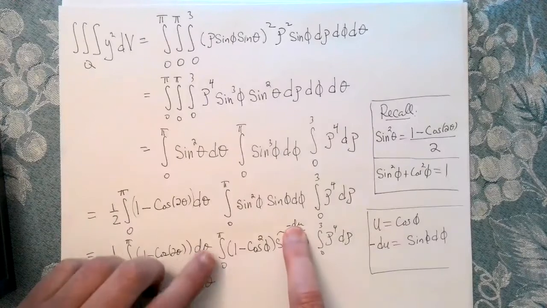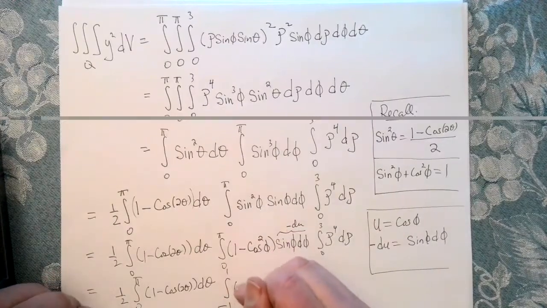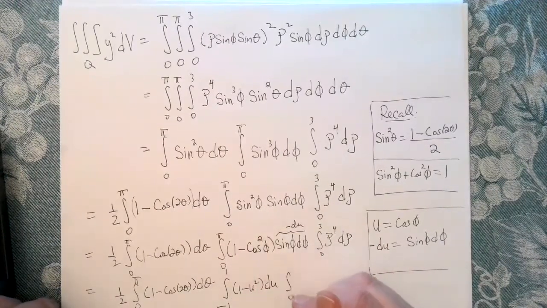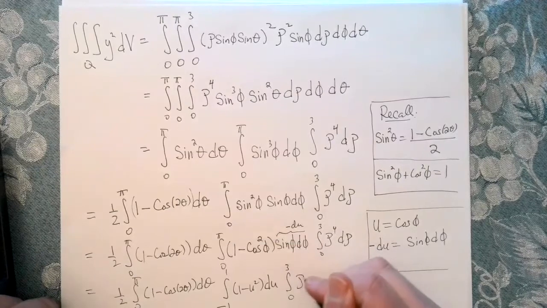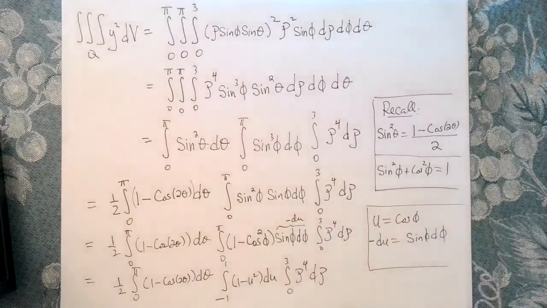And then because of the minus, I can flip the order. So that goes from minus 1 to 1 of 1 minus u squared du. And now let's integrate everything at the same time. Okay, so that looks nice. Okay, so I do hope that made sense.